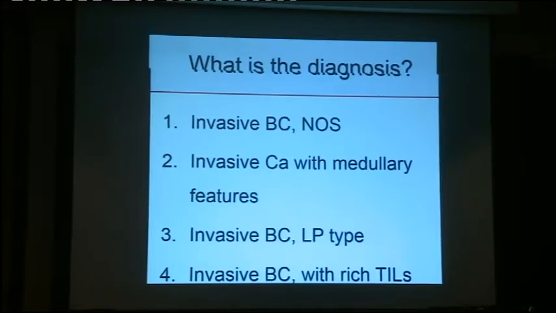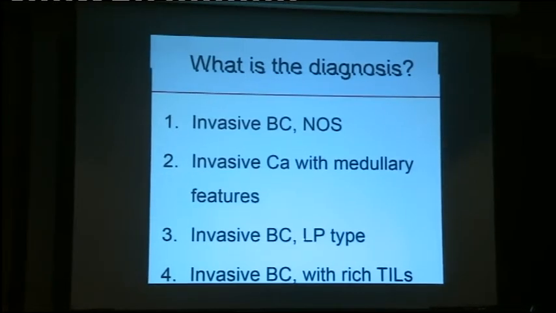Okay. Number 2, invasive carcinoma with medullary features. Okay. So, lymphocyte predominant type or rich with TILs? Who votes for 3? 1 person. Who votes for 4? So, the majority of the people vote for 4.